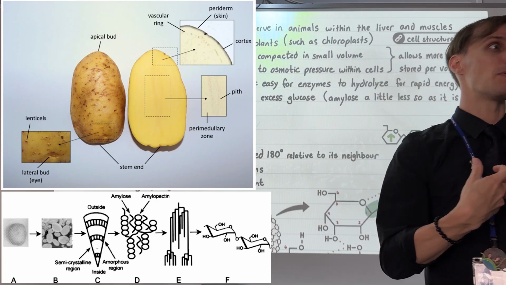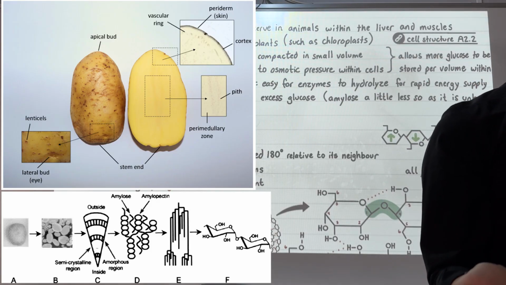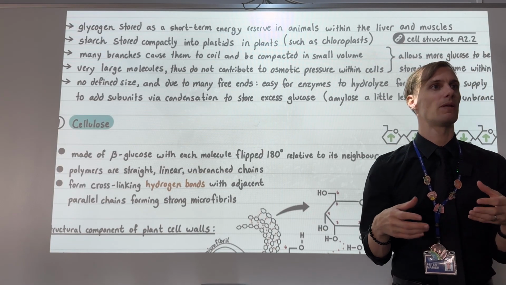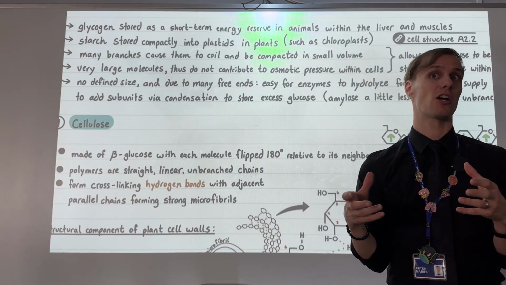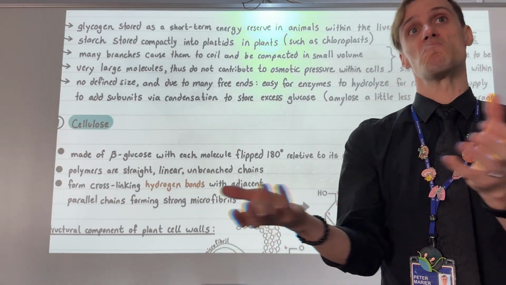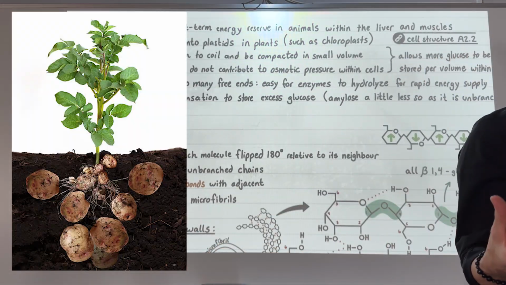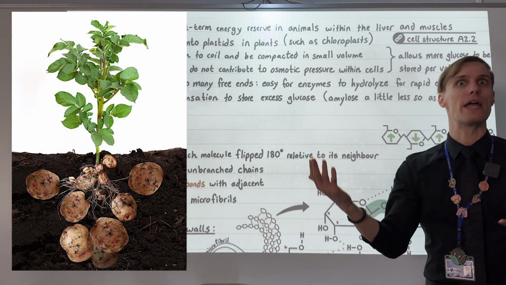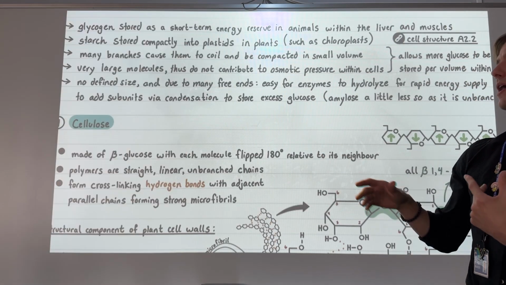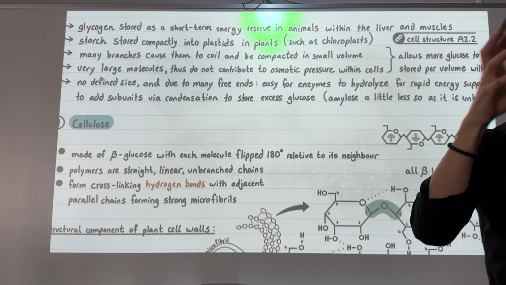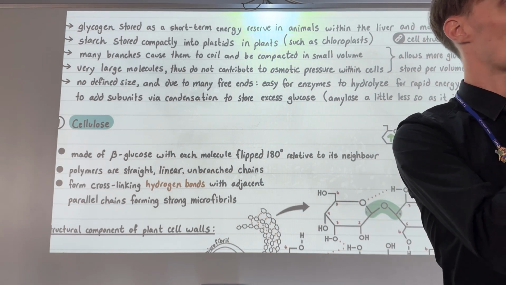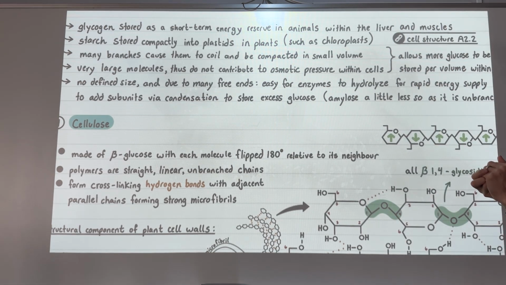What exactly is a potato? It's a giant thing of starch, right? So if plants want to store a lot of starch in a singular area, that's like a tuber, that's like a potato. And that's why they're so high in starch if you eat potatoes, right? So the idea is that by being branched, they can actually compact quite well, and you can store quite a lot of it in an area.